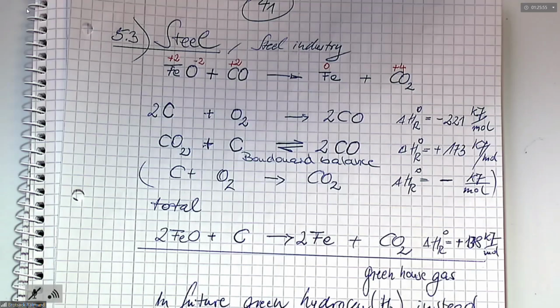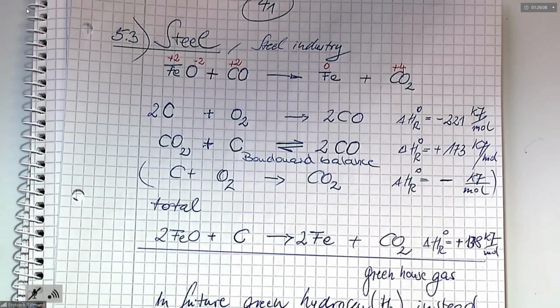And the Boudouard equilibrium only happens at very high temperature, but that is the case in steel production. We have more than 1000 degrees Celsius. And here, parallel to that, CO2 can react with carbon to produce more carbon monoxide.